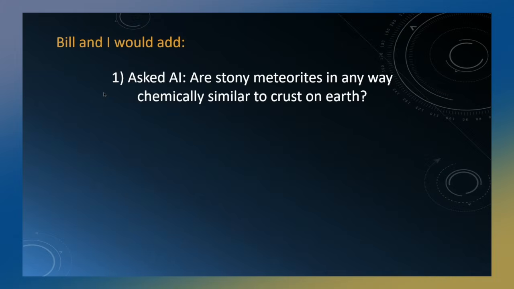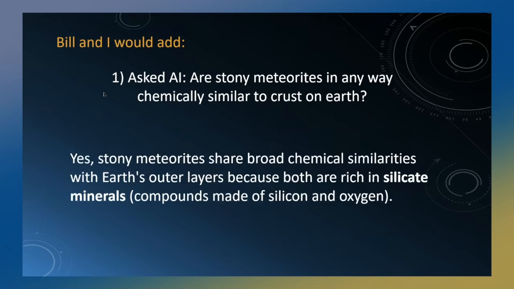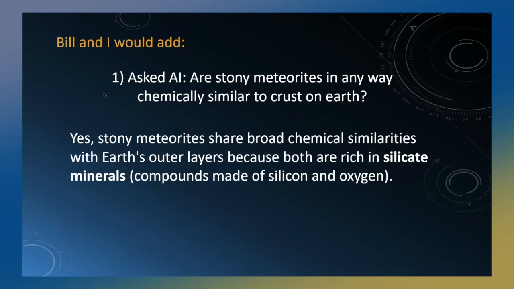So we asked AI, are stony meteorites in any way chemically similar to crust on the Earth? And the answer from AI was yes, stony meteorites share broad chemical similarities with Earth's outer layers because both are rich in silicate materials, which are compounds made of silicon and oxygen. Yeah, and so Dr. Feldman said there's no meteorites, asteroids, comets that have any indication of having come from the Earth.